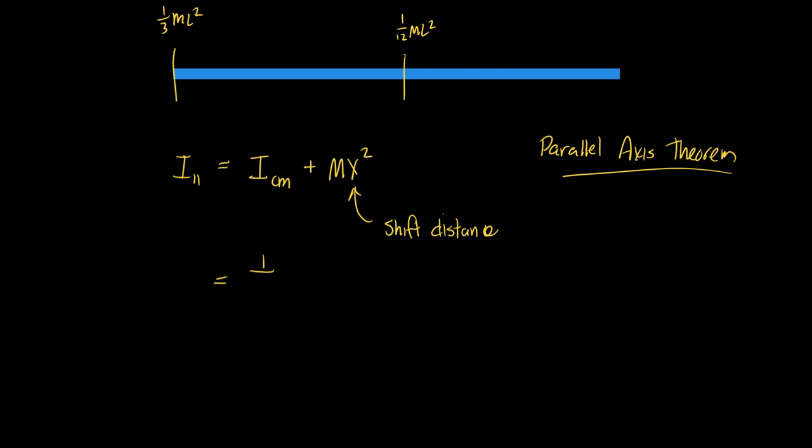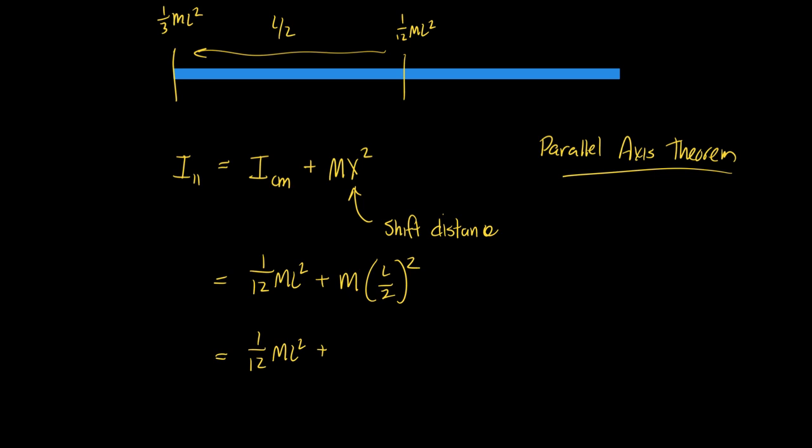The center of mass was 1/12 ml squared. If I want to shift it to the end, I would add m times the shift distance, L over 2, squared. 1/12 ml squared plus m times L squared over 4.